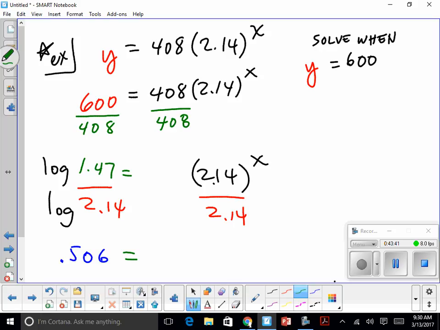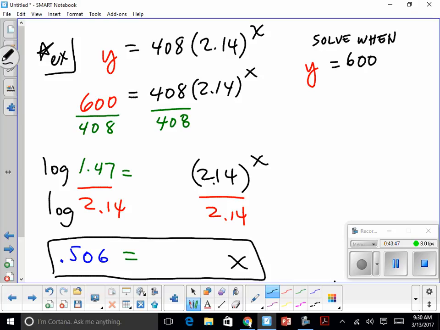The question you were asked is, if I raise 214 to some number, then multiply it times 408, it'll give me a 600. What's the number that I got to raise 214 to make all that happen? Well, the answer is, if I raise 214 to the power of 0.506, that will get me this 600 I need.